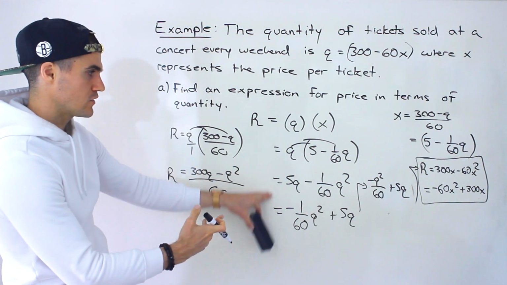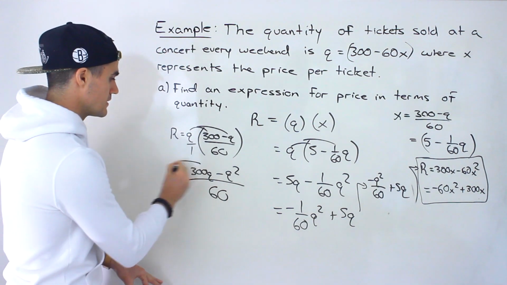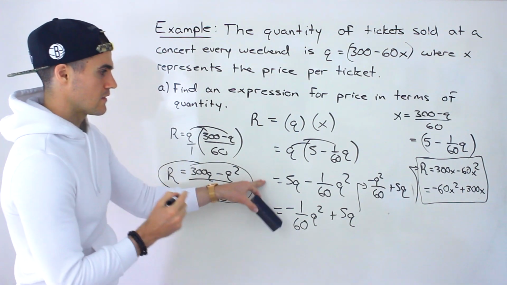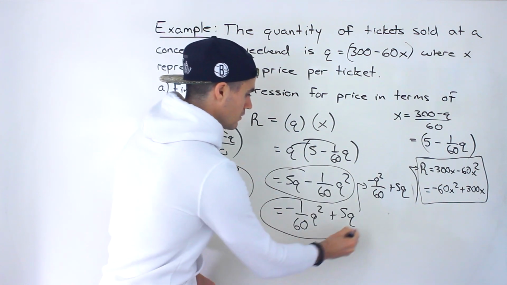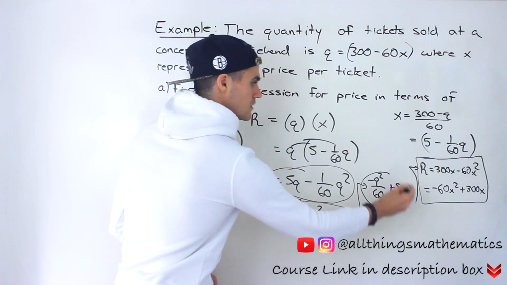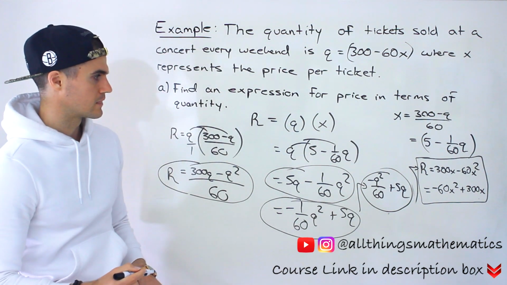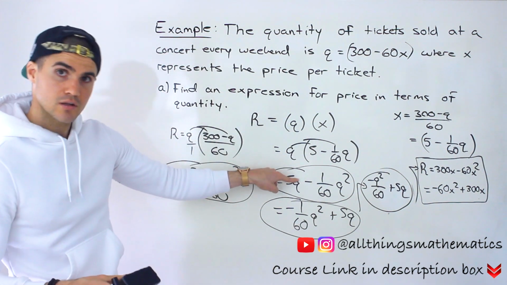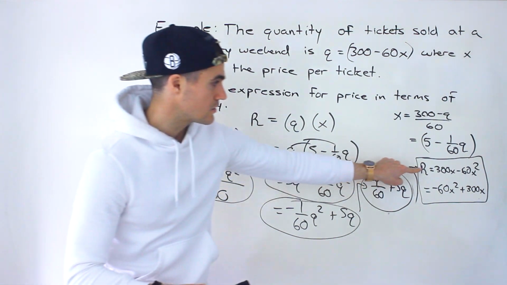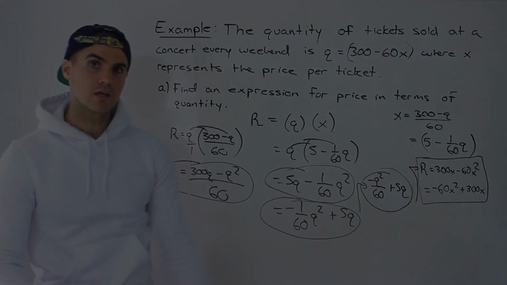These are the expanded versions over here, but this and this, they're actually the same thing, right? All of these circled expressions, they're the same thing. All right, so that's the revenue in terms of the quantity. This here is the revenue in terms of the ticket price.